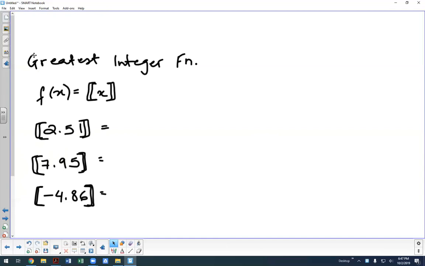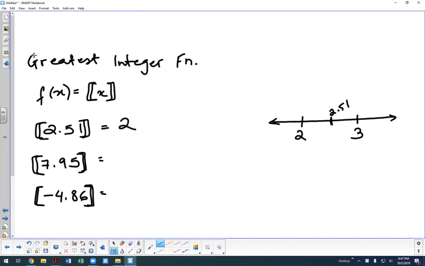If it helps, visualize a number line. So I've got 2.51, which is going to be between 2 and 3, somewhere over there. I think I heard somebody say, yeah, 2. Because you're talking about what number is less than or equal to. So obviously this will not be equal to, because we're talking in terms of integers, which means 2 is the nearest integer which is less than this value. So this guy equals 2.